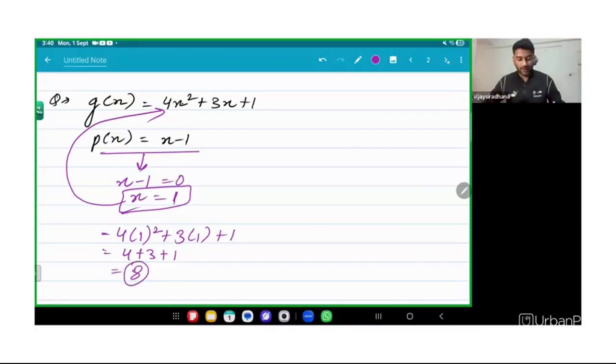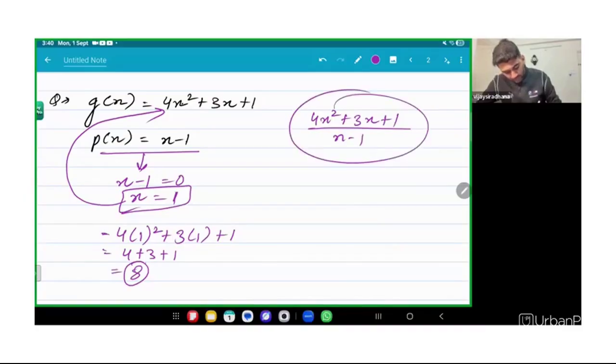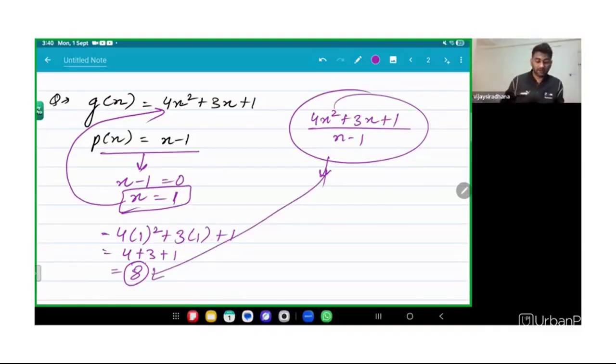That means if you divide 4x square plus 3x plus 1 by x minus 1, you will get the remainder 8.